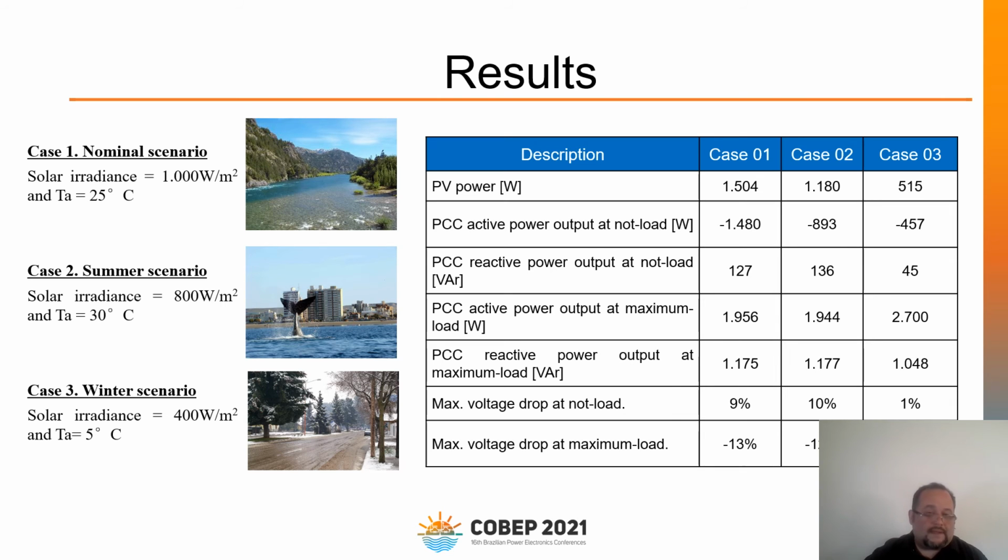And the last scenario is the winter scenario with solar irradiance equal to 400 watts per square meter and ambient temperature equal to 5 degrees Celsius.